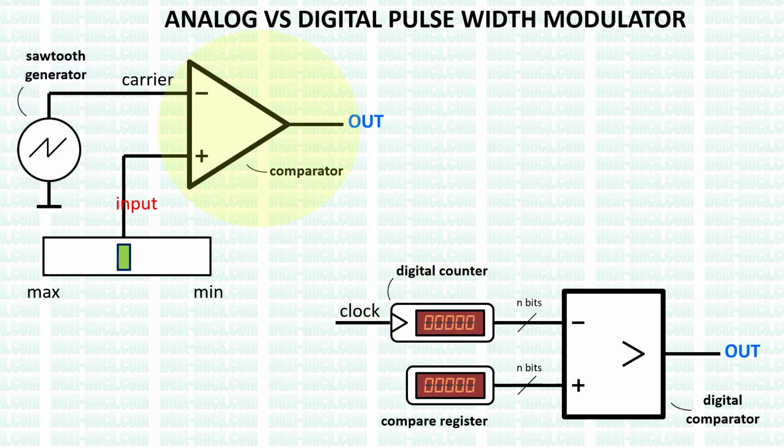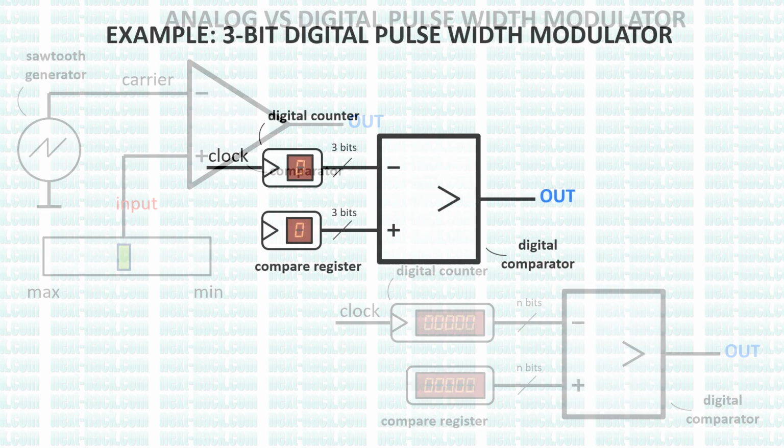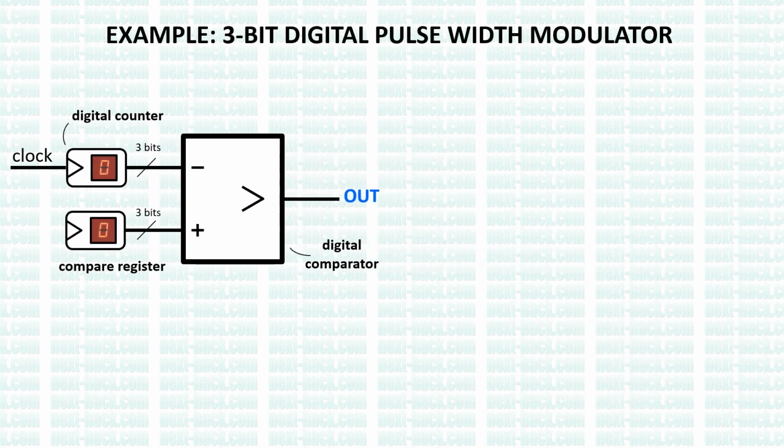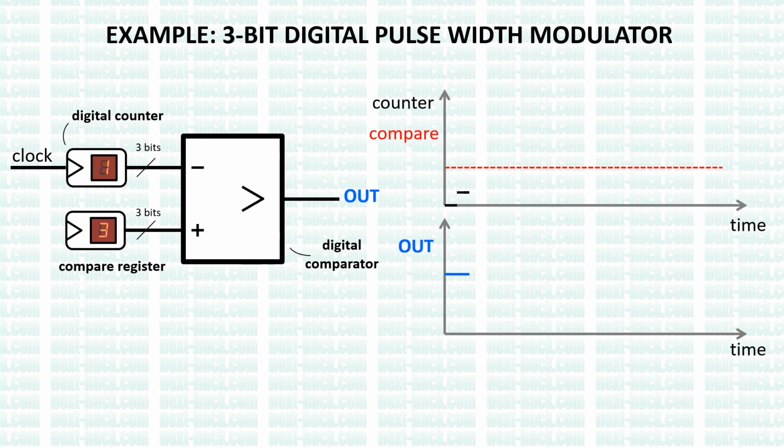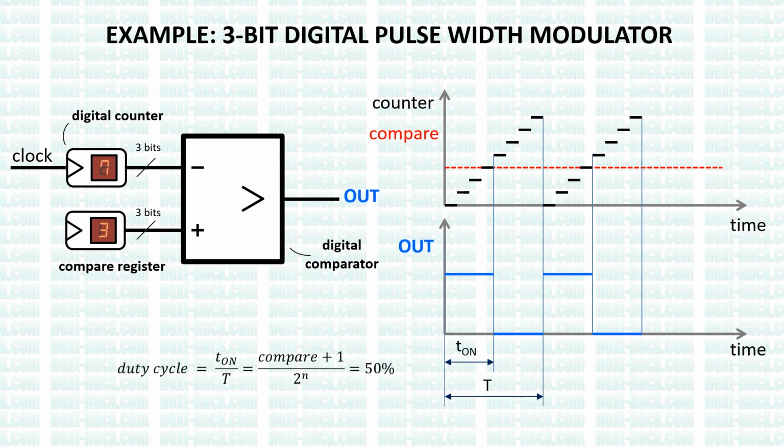Instead of a comparator, we have a digital comparator. This is performed by the timer counter unit in PWM mode. When the counter is larger than the compare register, the output will be low. When the counter overflows, the output is set high.